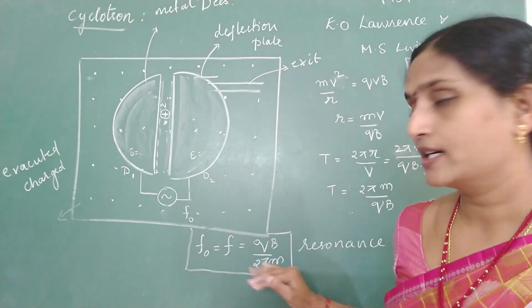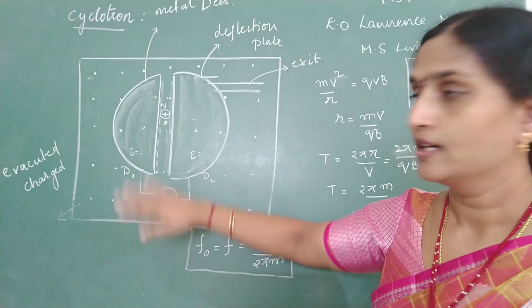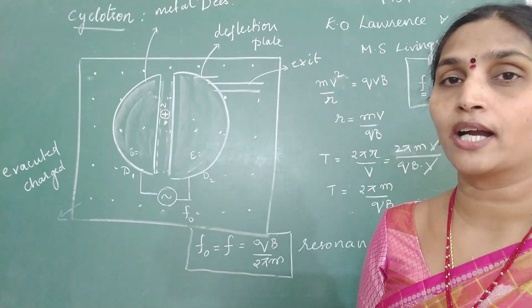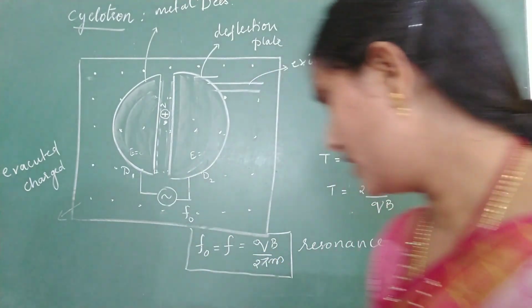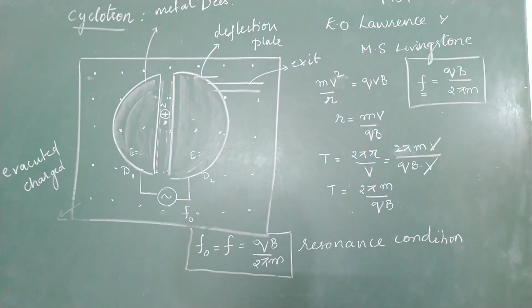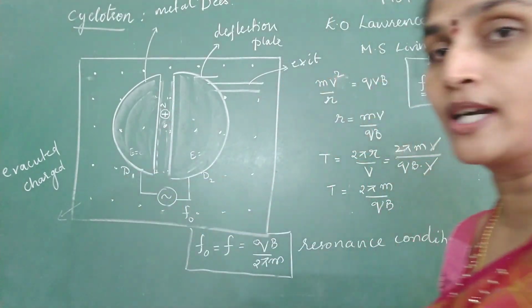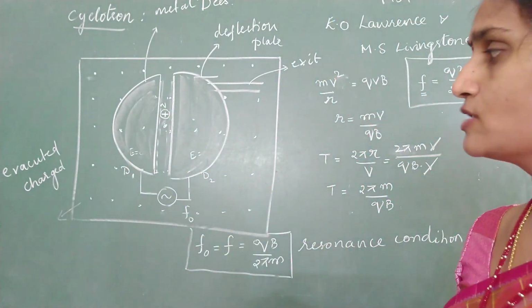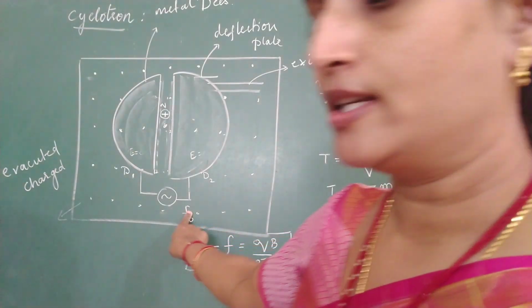So assume that I have selected the frequency as per my requirement and we have connected it in the circuit. Now let us see how the particle is going to move inside the cyclotron. Start with keeping the charged particle at the center. I'll just place the charged particle at the center. I have assumed that it is a positively charged particle. Switch on the oscillator.